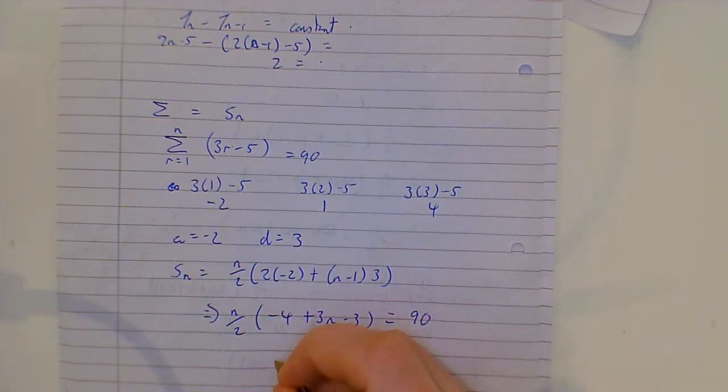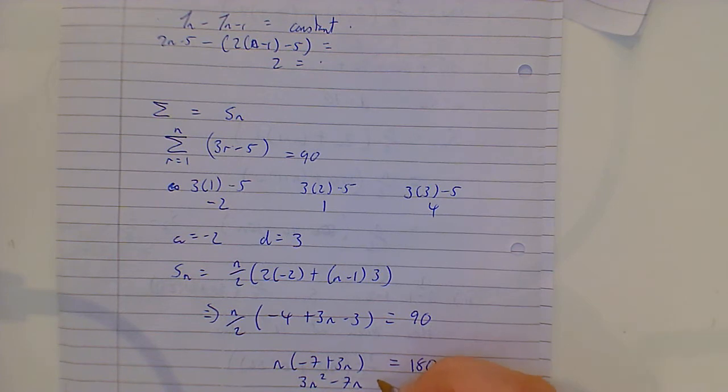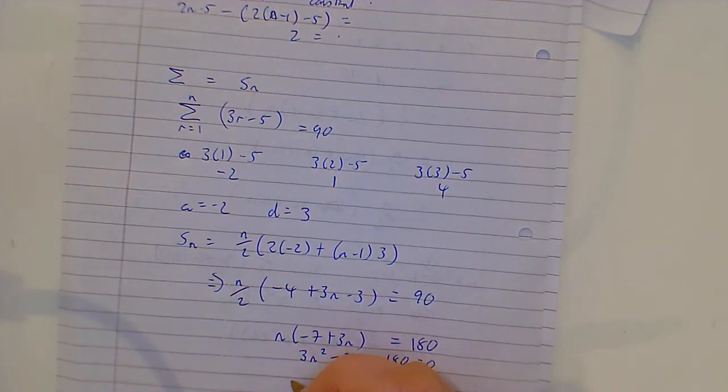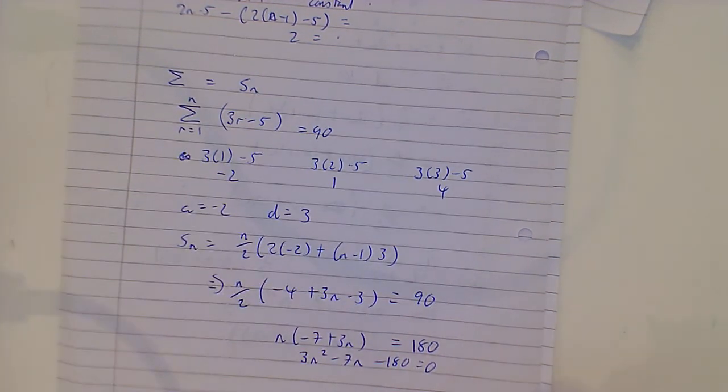And that's going to be n by minus 7 plus 3n. That is 3n squared minus 7n. Bring over the 180, and that turns into a quadratic, which a book will work out for you there. I'm not bothered doing it here.